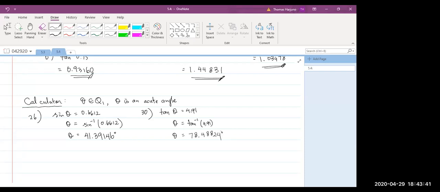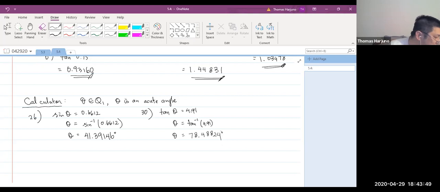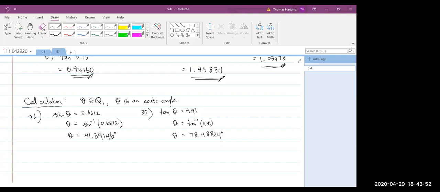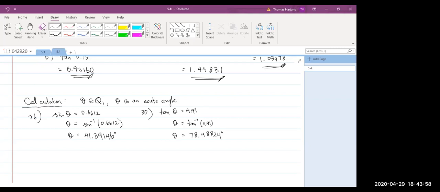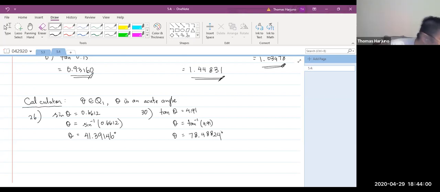The second part of the question for exercises 25 through 36 says find the nearest angle, that's part A, and part B is to the nearest minute. Okay, let's do that.